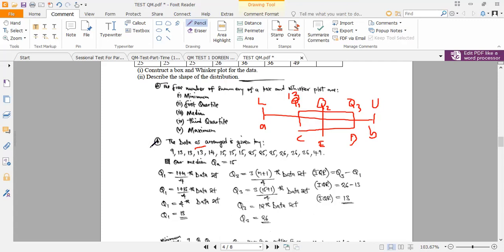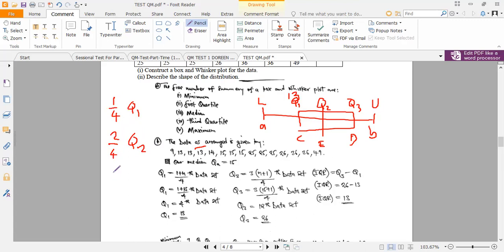The quartiles: the first quarter is Q1. The second quarter is the median or half, which is Q2. The third quarter is the upper quarter, or the 75th percentile.